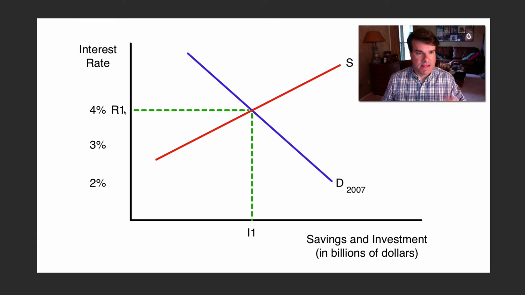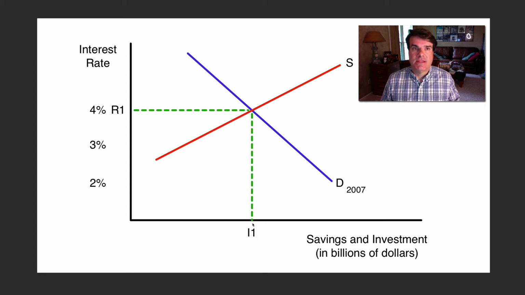Right here in the text, this is R1, which is interest rate number 1, because we're going to have interest rate number 2 in a second. And let's say it's 4%, and I'm making up a number because I'm too lazy to look it up. So let's say 4%. It doesn't matter. That's why we use some algebraic notation. So R1 is at this rate. That means the equilibrium point, the point where these two things cross, this is I1, investment number 1.